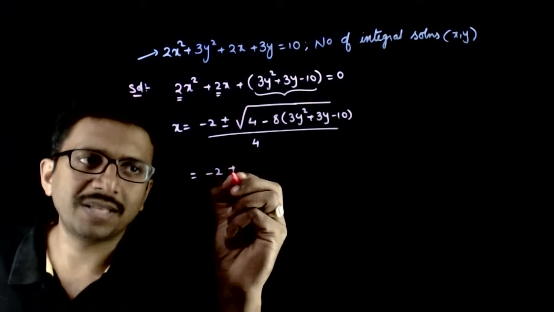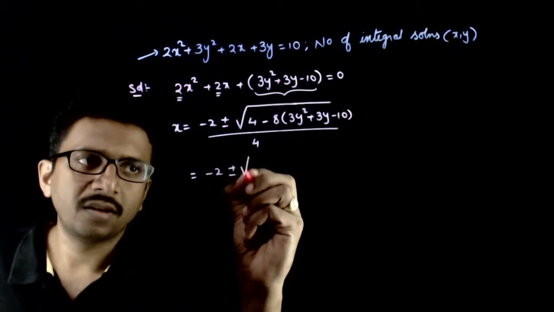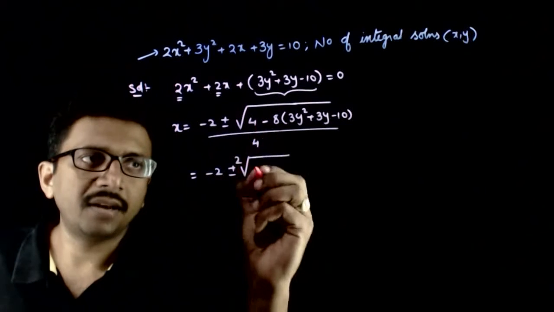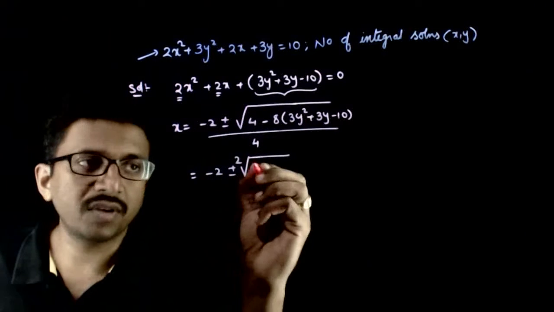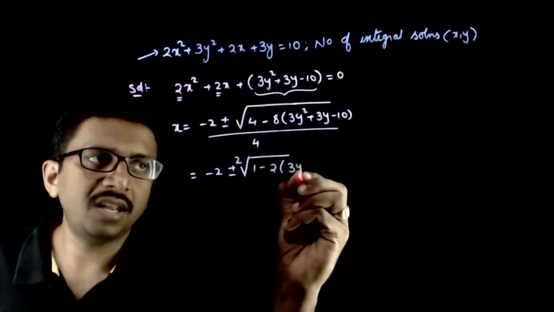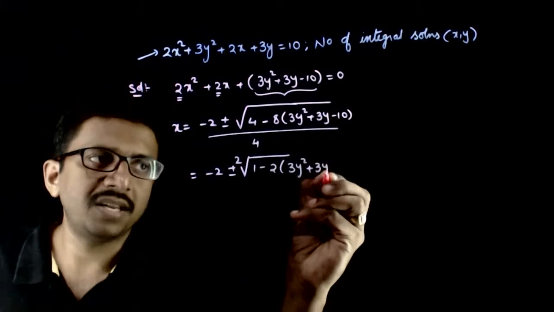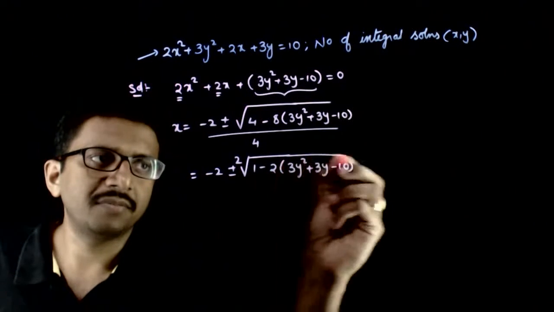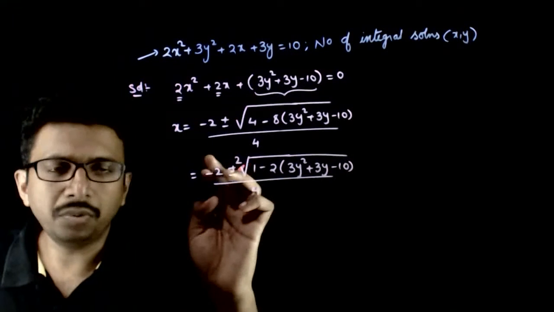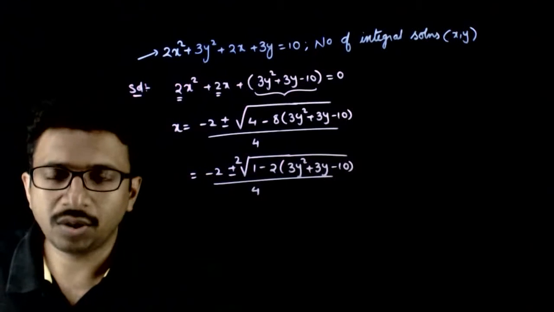So x = −2 ± 2√(1 − 2(3y² + 3y − 10)/4), and the 2 and 2 get cancelled.